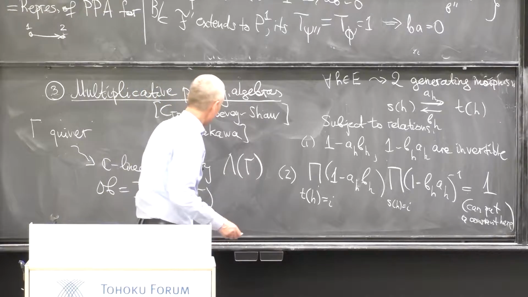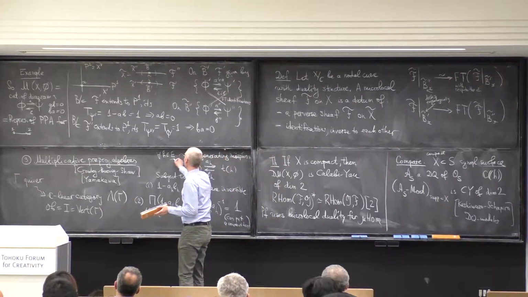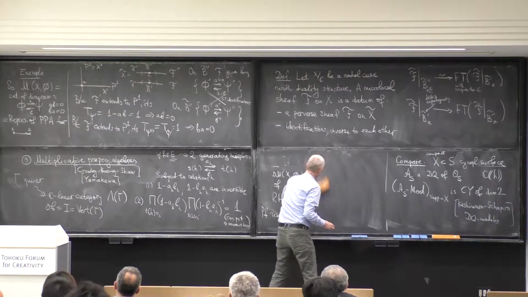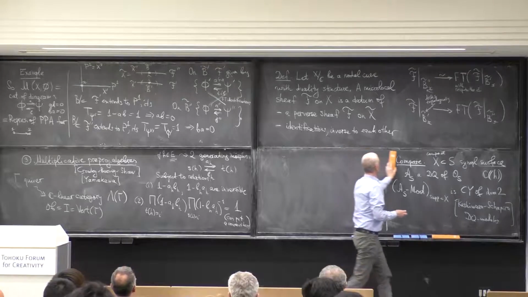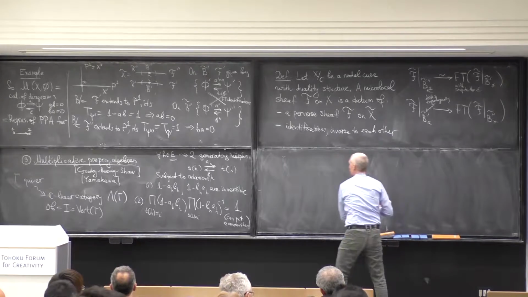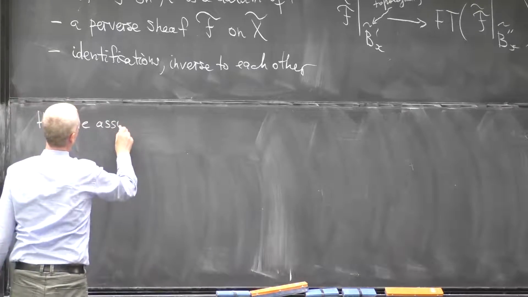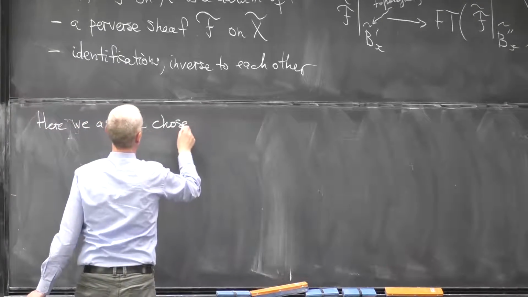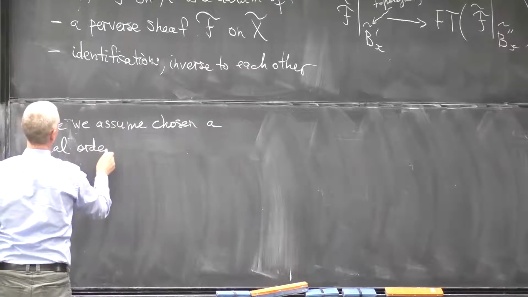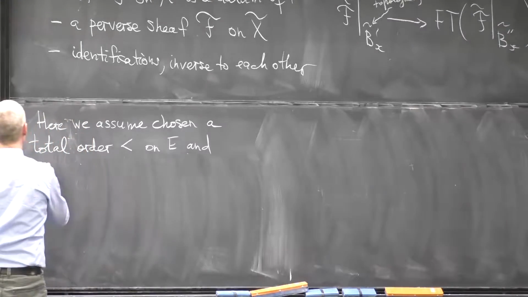So here we implicitly assume that we have chosen a total order on the set of arrows and multiply everything in this order.